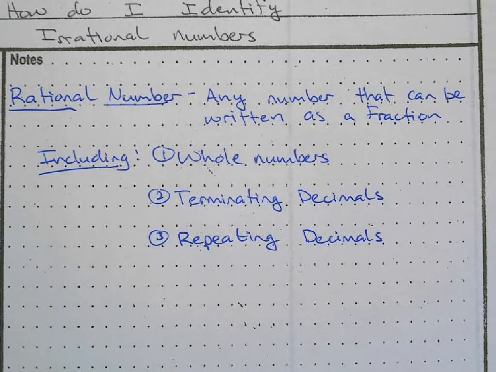So that's our rational numbers that include whole numbers, any terminating decimals, or any repeating decimals.